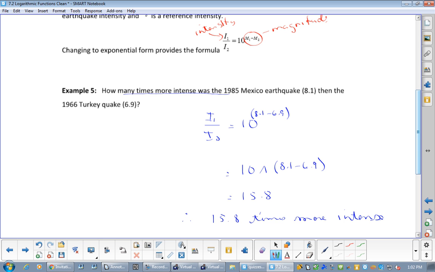Will there be people going to the diploma who could not do this question? Absolutely. Okay? Know your magnitudes will always be those exponents. So when they give you the Richter, this is your magnitude, right? Those will always be your exponents.